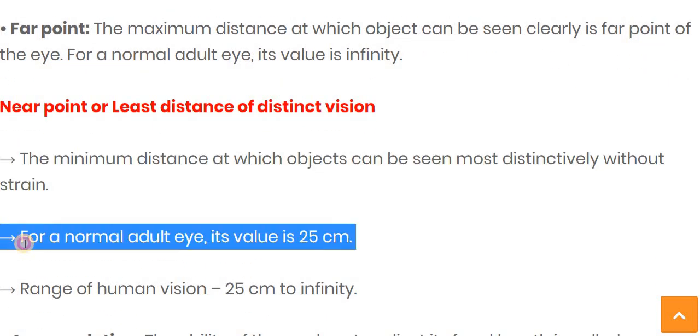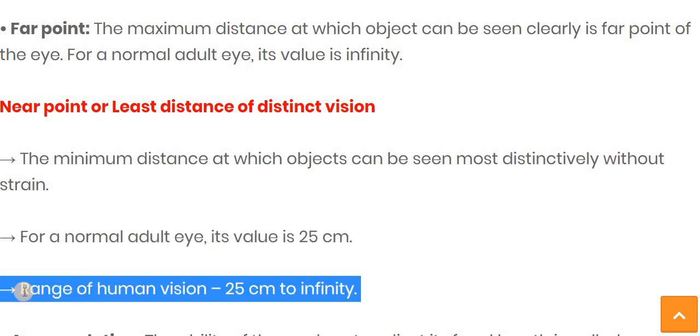If we are talking about the normal adult eye, then the value is 25 centimeter. That means we can see an object at a minimum distance of about 25 centimeter without straining our eyes. Now the range of human vision is 25 centimeter to infinity.